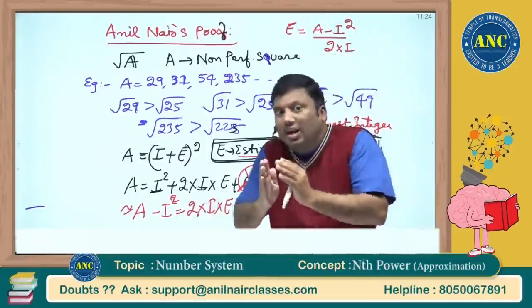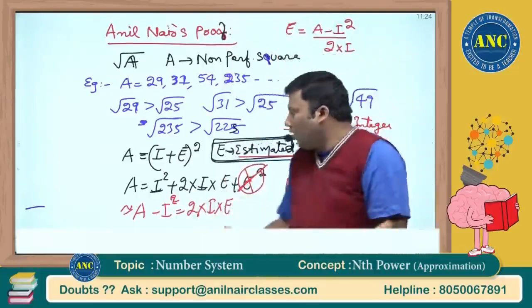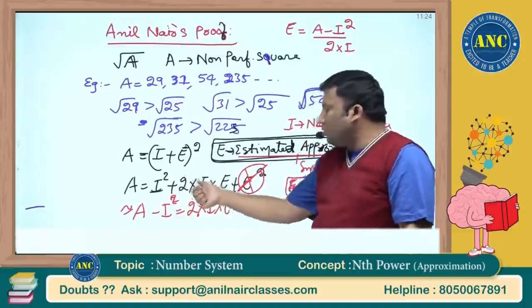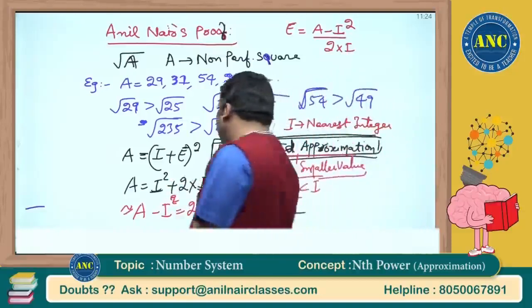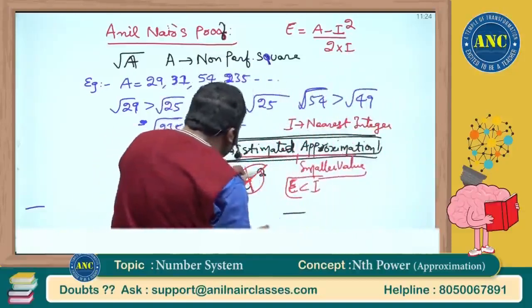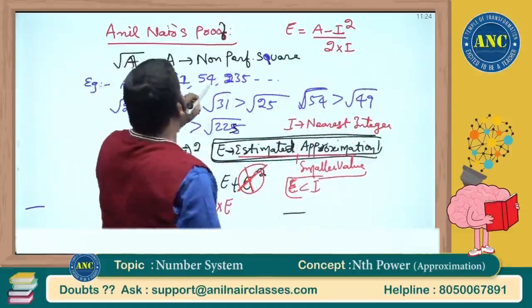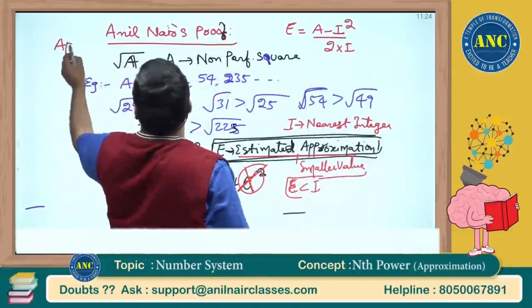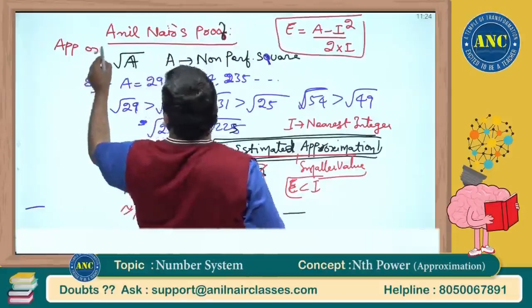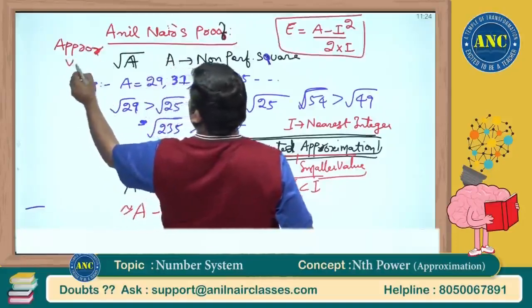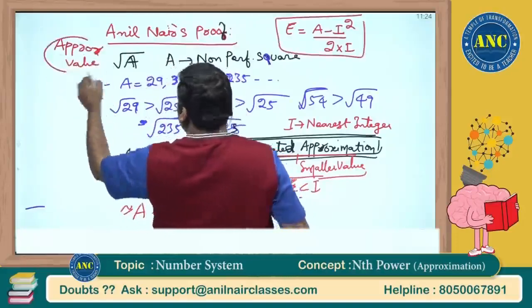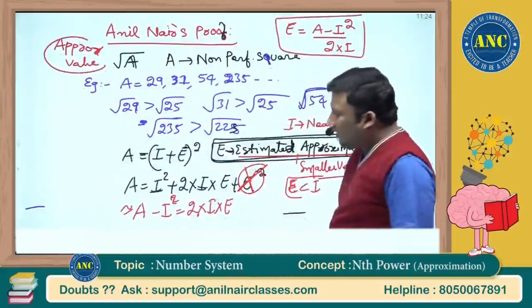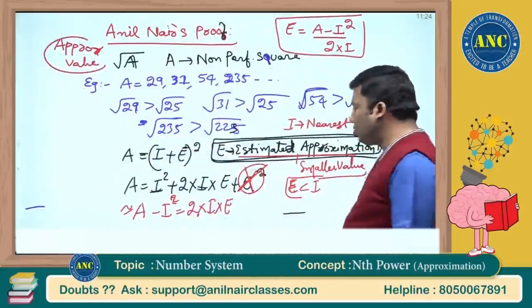E is an estimated value, which is very small. I square plus 2 into I into E plus E square. Anyway, I am finding the approximate value, so I can eliminate E square because E square is a very small value. A minus I square is 2 into I into E.